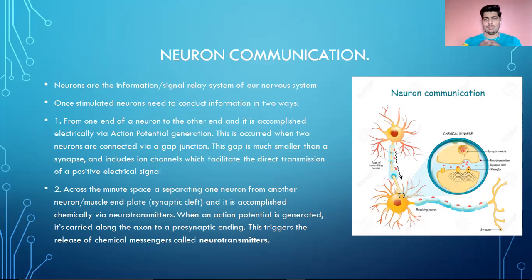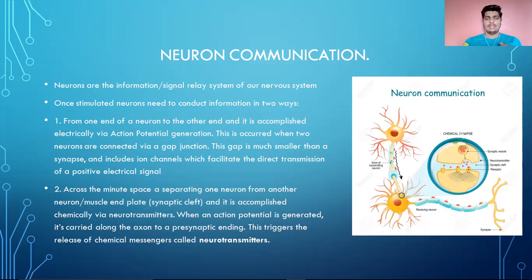This gap is much smaller than a synapse and includes ion channels which facilitate the direct transmission of a positive electrical signal. And second is across the minute space separating one neuron from another neuron, or a muscle end plate, which is the synaptic cleft, and it is accomplished chemically via neurotransmitters.